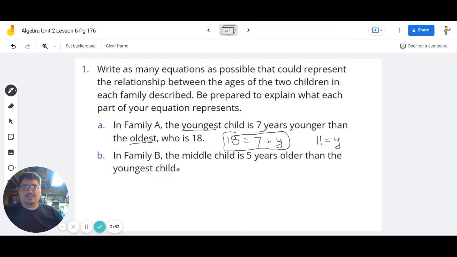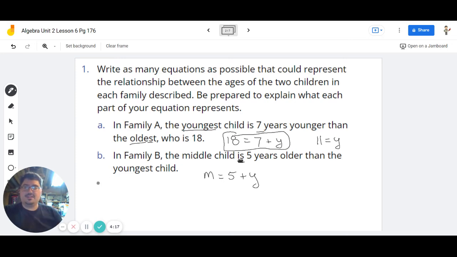In family B, the middle child is 5 years older than the youngest child. So M, the middle child, is, whenever we see the word is, we should always think equal sign.